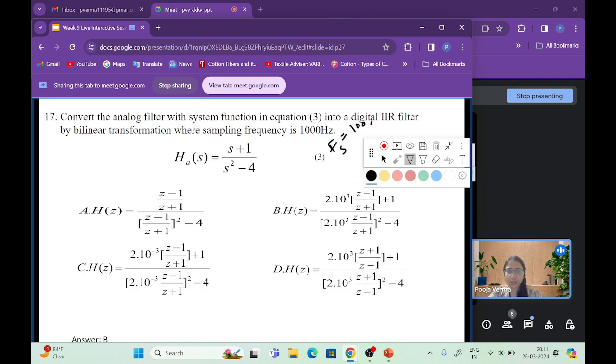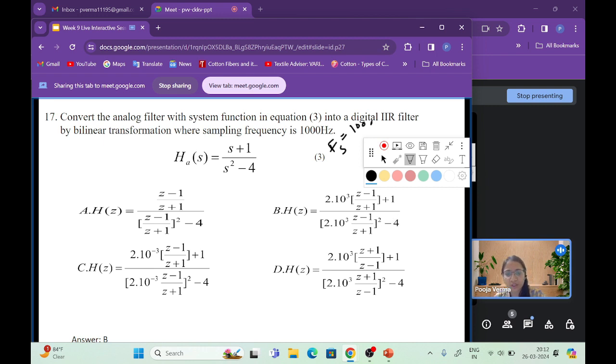Now which one is the correct option? So match from there, already we have solved it in this form: 2 into 10 to the power 3 times (z minus 1) divided by (z plus 1), plus 1, divided by 4 into 10 to the power 6 times ((z minus 1) divided by (z plus 1)) whole square, minus 4.